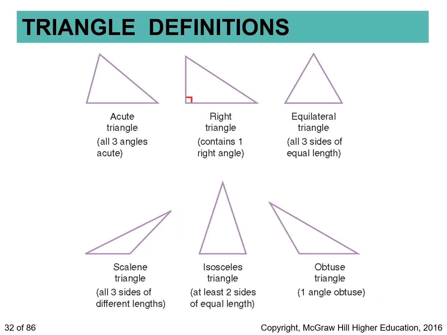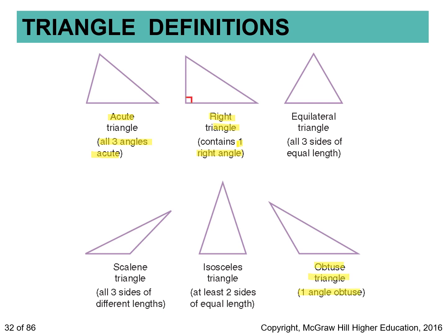Types of triangles. On the notes that I gave you to fill in, there is a chart with the types of triangles, but these are the different types of triangles. So you can have an acute triangle. All 3 angles need to be acute. But if I have a right triangle, I only need 1 right angle. I can't have 2. The same with an obtuse triangle.